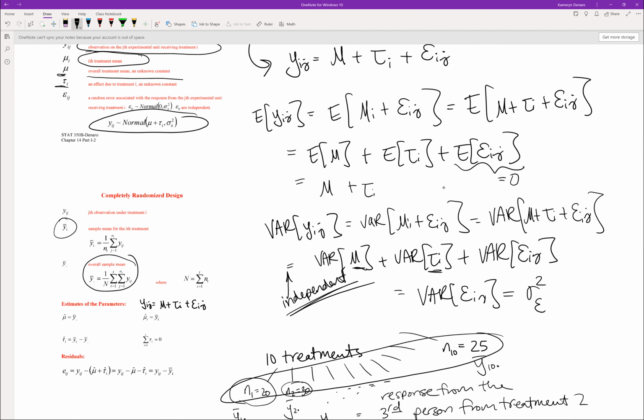We could get mu hat, we could get tau hat i, and from there you could also get the mu i hats if you were using the model Yij equals mu i plus epsilon ij. So overall, by setting up the completely randomized design in this way, you are able to compare these t different treatments.